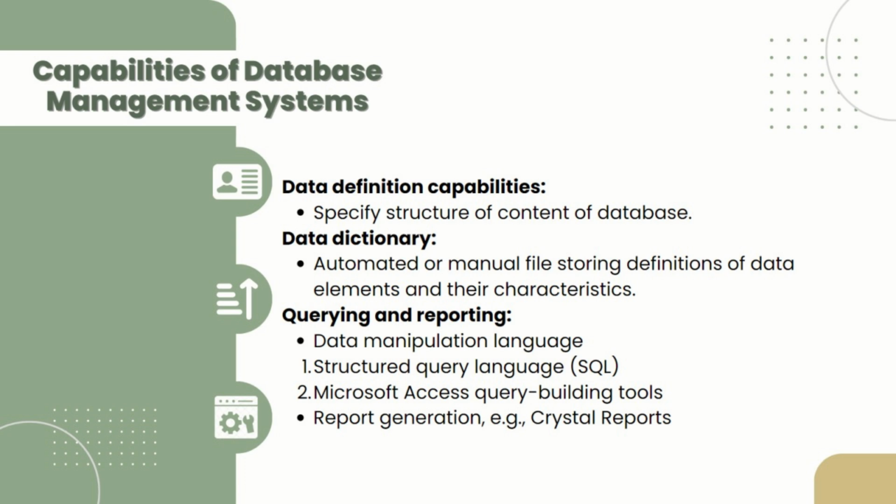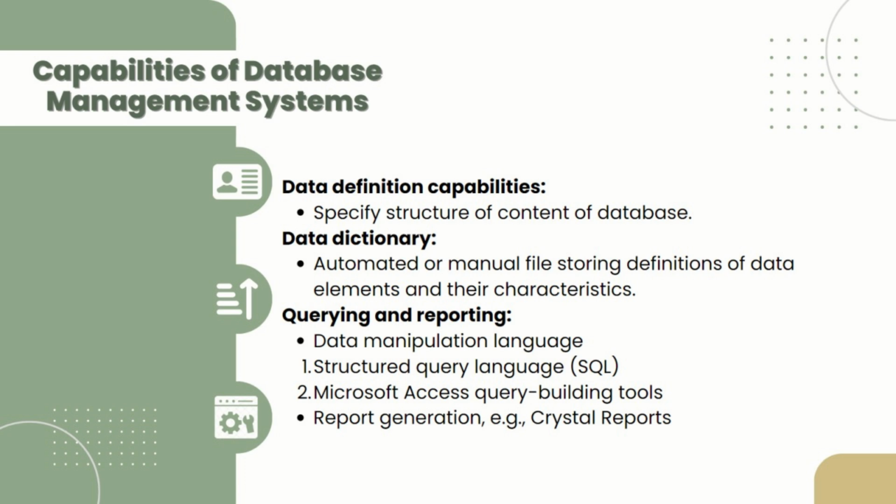Data dictionary, an automated or manual file storing definitions of data elements and their characteristics. A data dictionary is a component of DBMS that stores metadata, or data about data elements and their characteristics. It can be either automated or integrated within the DBMS, or manually maintained separately.